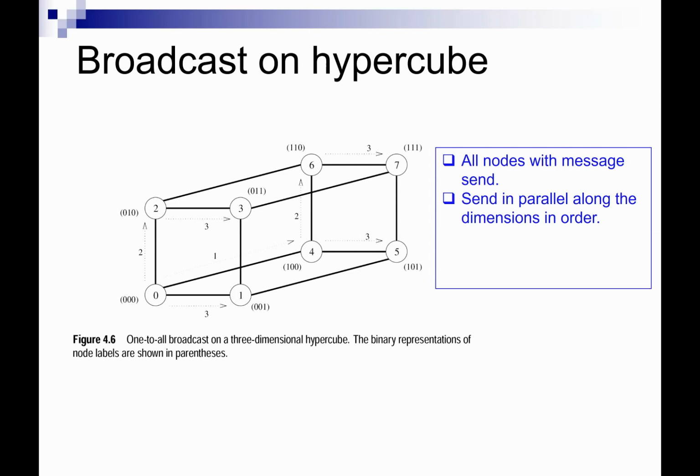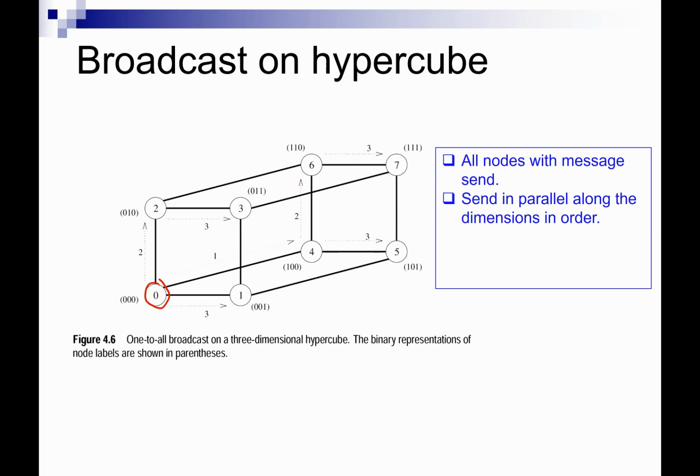Okay, so what we're going to do is initially node 0 has the value, right? And now we want to decompose this problem by saying that we want 0 to broadcast to all of the nodes. But that's equivalent to 0 broadcasting on the front phase, and then 0 also broadcasting on the back phase.